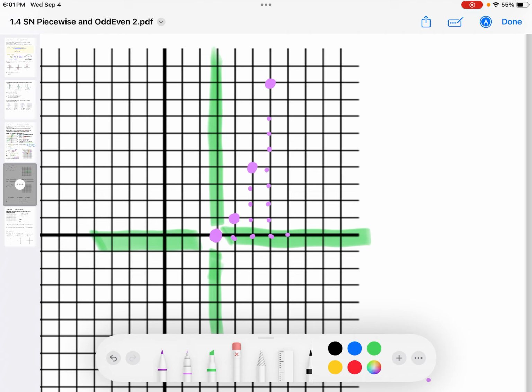So that's as far up as we can go. So here's the positive side. Reflect this across our line of symmetry to get the other side. And this is the parabola shifted 3 units right.